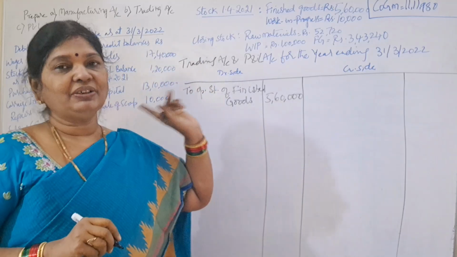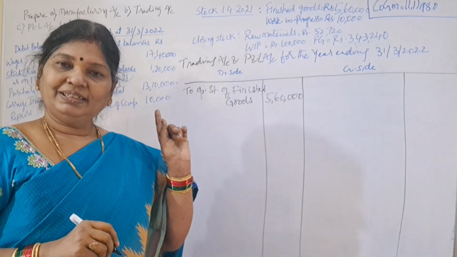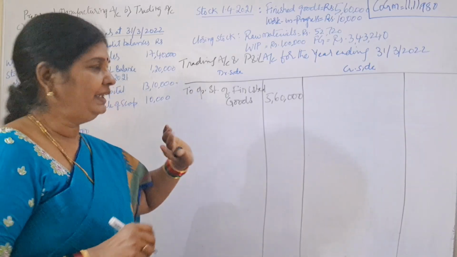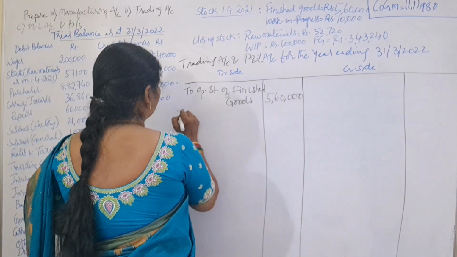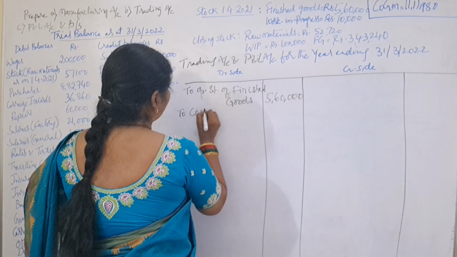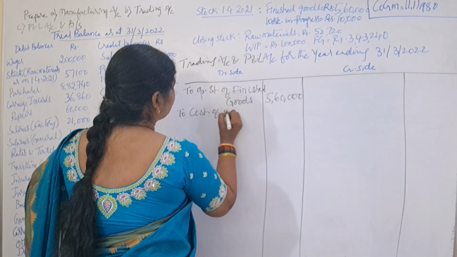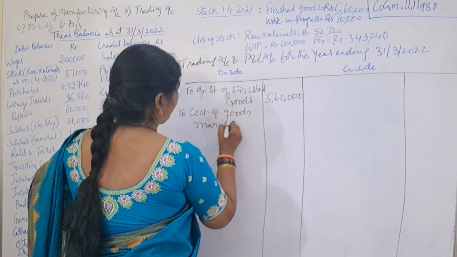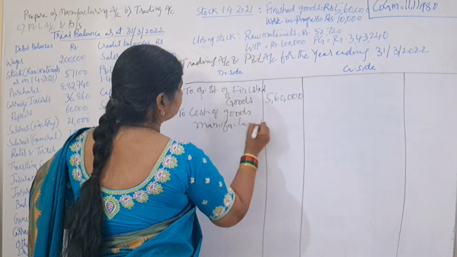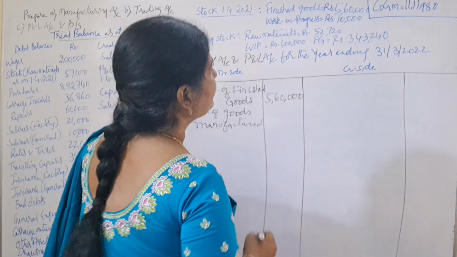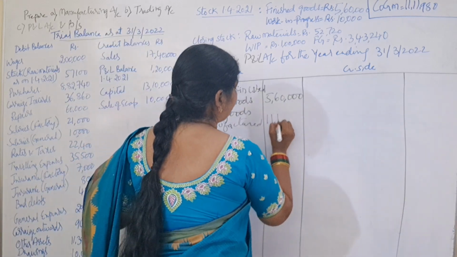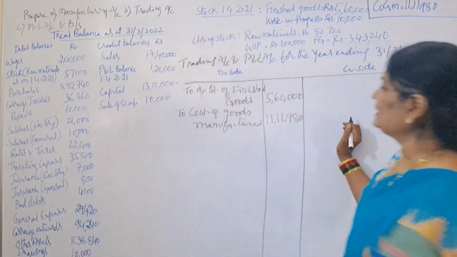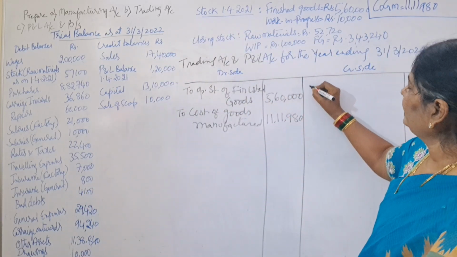Right. Next, we got cost of goods manufactured in the manufacturing account, so that we have to take on the debit side of trading account. Here we'll write to cost of goods manufactured. How much? 11 lakhs 11,980. Next we'll come to the credit side, and on the credit side what will you take?